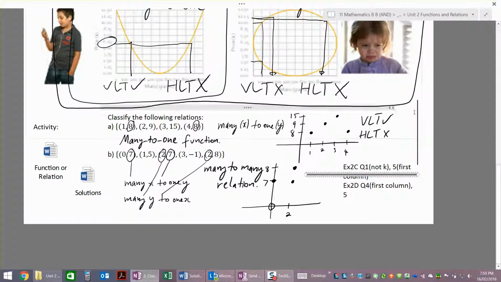Okay, let's have a look at my two tests. The vertical line test is going to fail, because that vertical line passes through both of those points. And the horizontal line test fails as well, because that horizontal line would pass through both of those points.